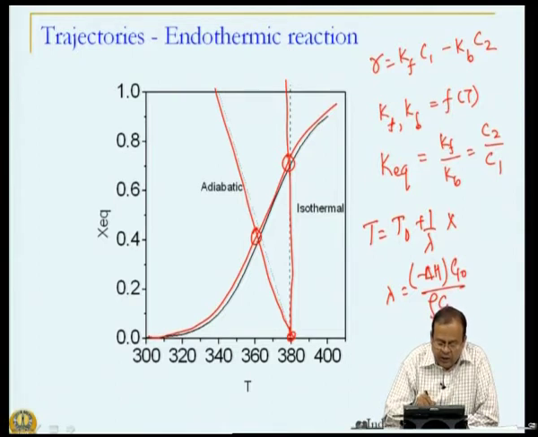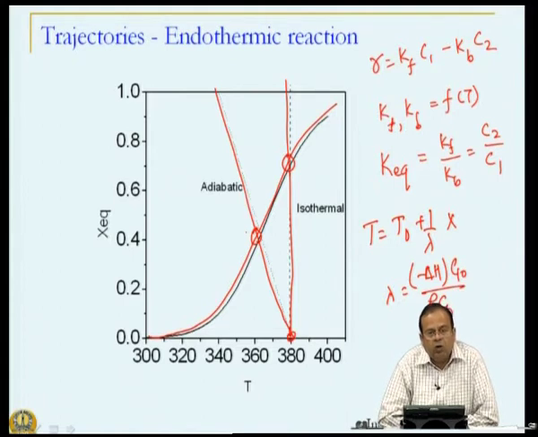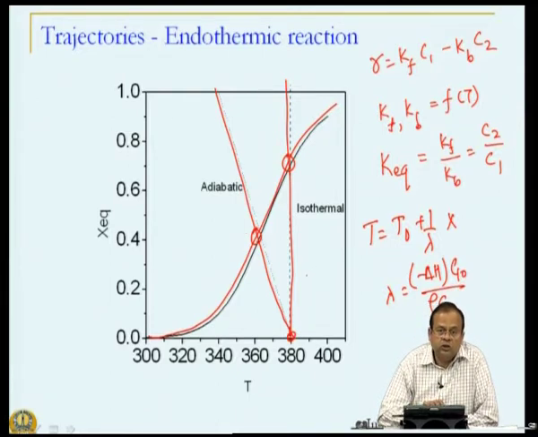So, both in a kinetic sense as well as in a thermodynamic sense, adiabatic operation is not desirable, whereas isothermal operation is desirable, both from kinetic and thermodynamic sense. But to maintain isothermal conditions for an endothermic reaction, you will have to supply energy, otherwise by itself temperature will go down. So, that is the price that we may have to pay.